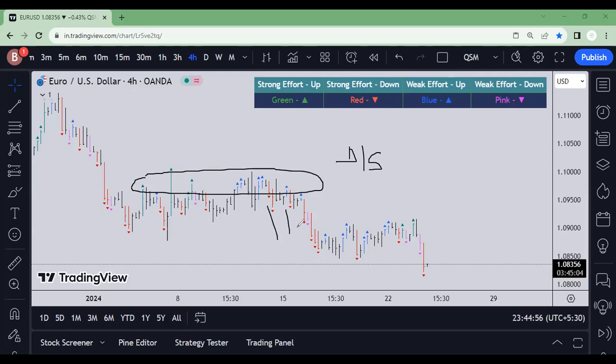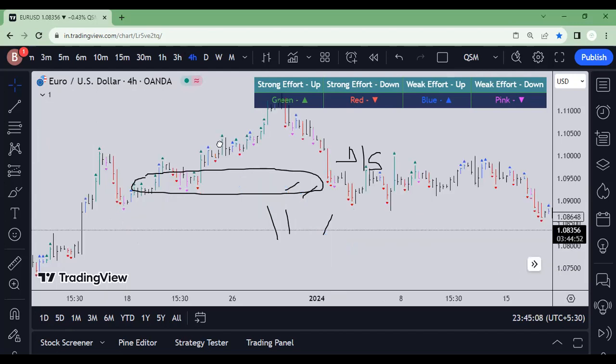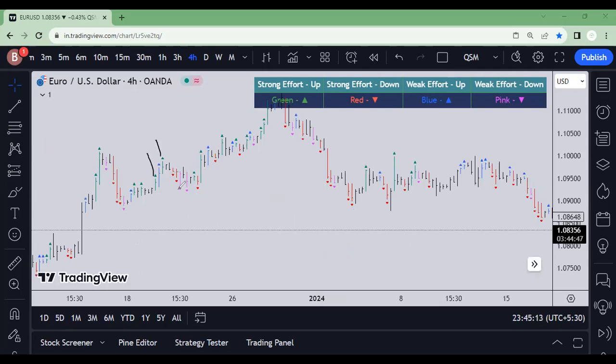If supply is in control, we would see weak effort from buyers, and if buyers are in control, I'll be in a position to identify weak supply in the form of these pink bars.